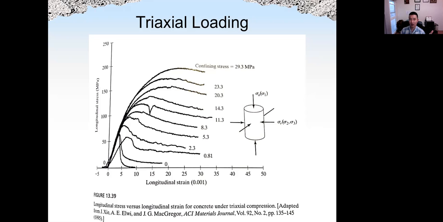Remember, when concrete cracks, we call that localization damage or localized damage, which means in certain areas of the concrete, the cracks will open up. In other areas, the crack will not open up as much. Okay. So when the confining strength is more than 15% of f'c, there's no localized damage.